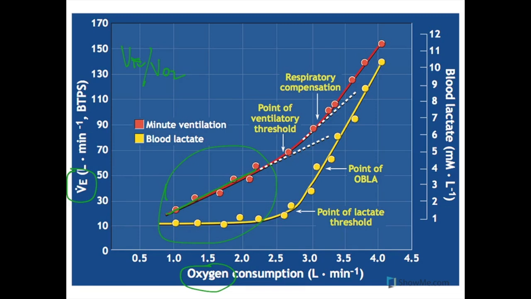Now, when you get to a certain breaking point, your ventilation is going to increase upward disproportionately in relation to your O2 consumption. And this is from stimulating effects of CO2 release from buffering of the accumulating lactic acid. And there's 2 points here. There's your first point here and your second point.